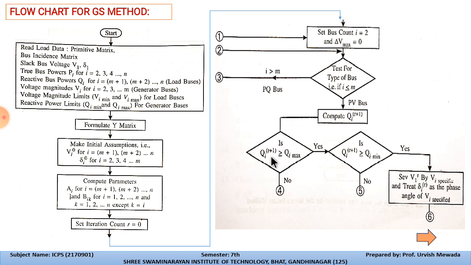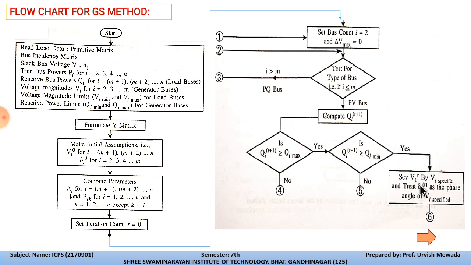Then check whether Qi r plus 1 is greater than Qi maximum; if it is yes, then check whether Qi r plus 1 is greater than or equal to Qi minimum. If you get no, then it will move towards number 5. When this condition is not satisfied, it will go downwards, and if it is yes, then it will go ahead.